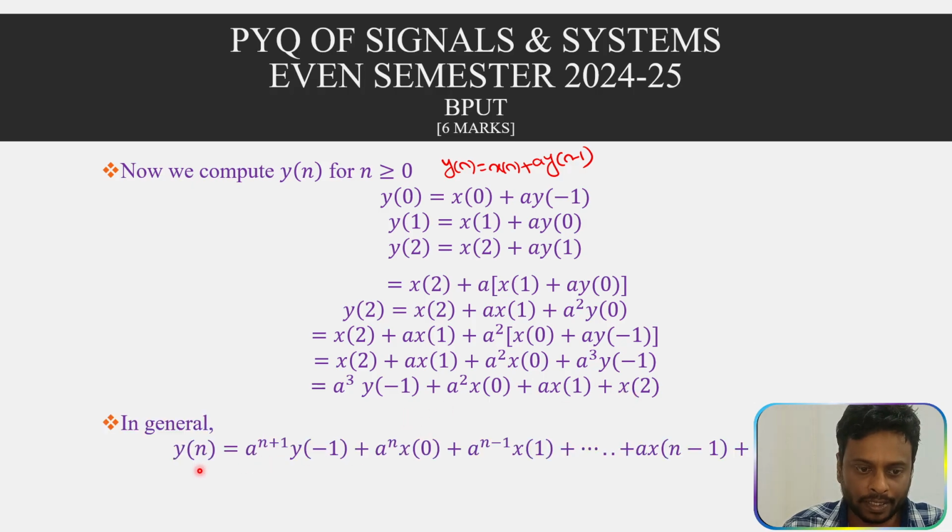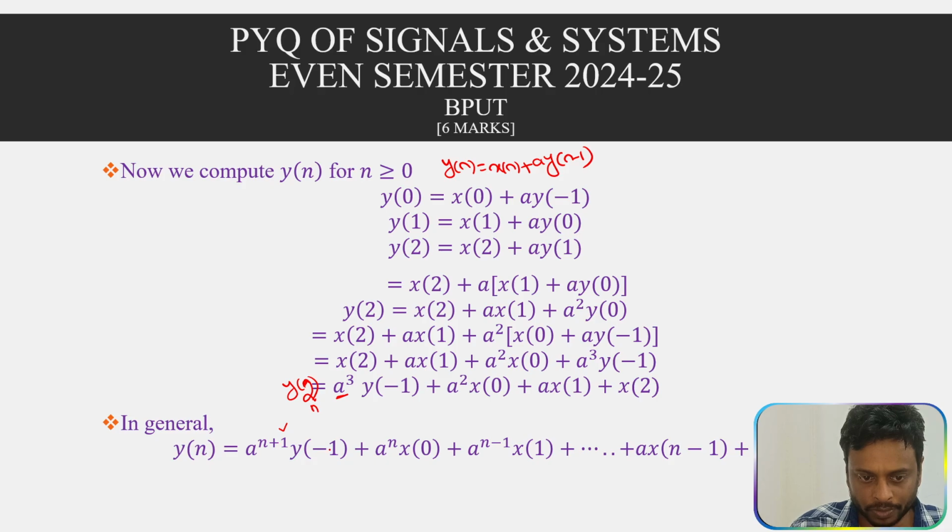So in general, we can write y of n equal to a to the power n plus 1, a to the power n plus 1. This is our y of 2, where n is 2, so the power is n plus 1, that is 3.